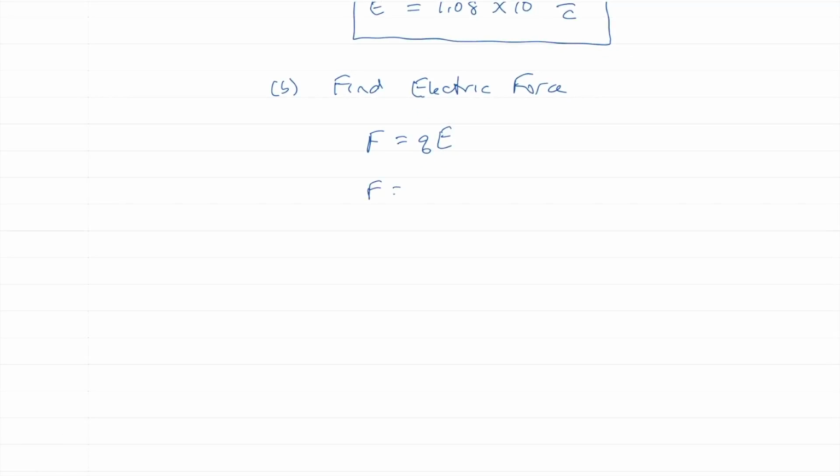And so force is going to be the 2 microcoulombs, so we'll use 2.00. Have to convert the micros to coulombs, so we'll replace micro with a times 10 to the minus 6. And then we have 1.08 times 10 to the 6 newtons per coulomb.